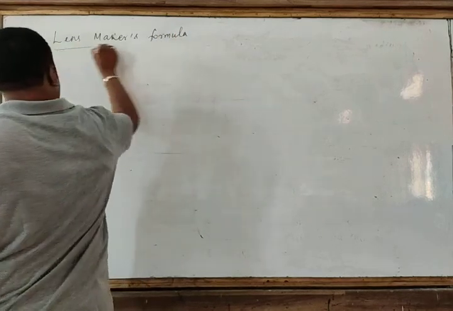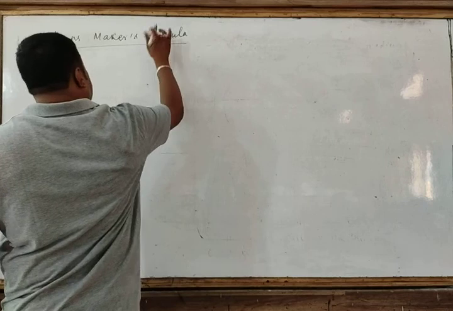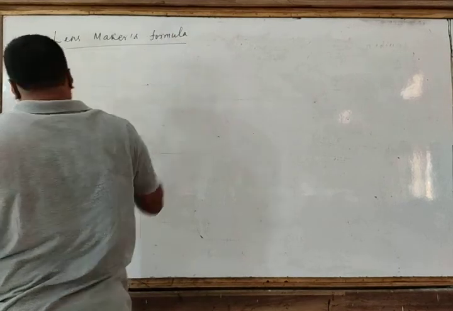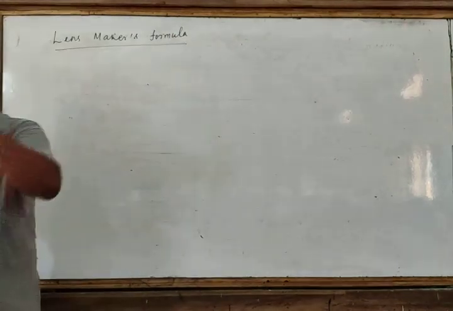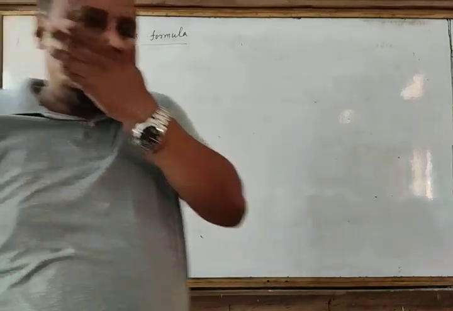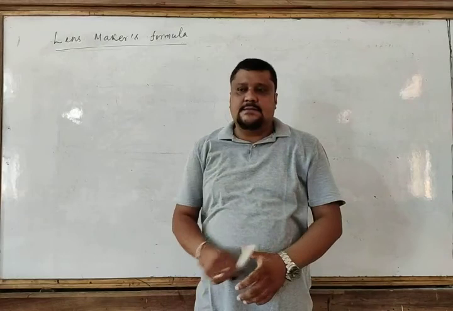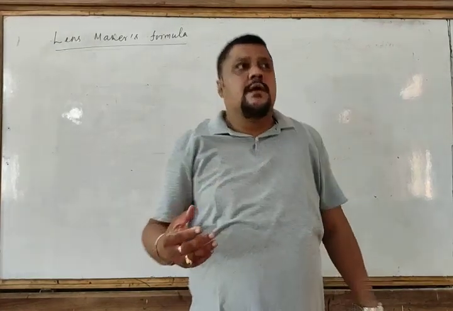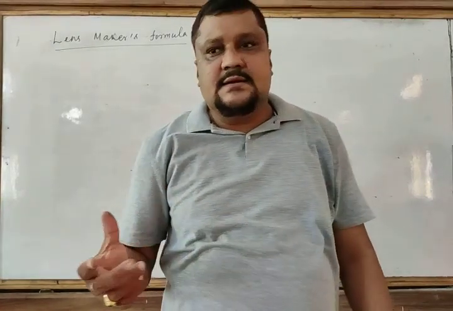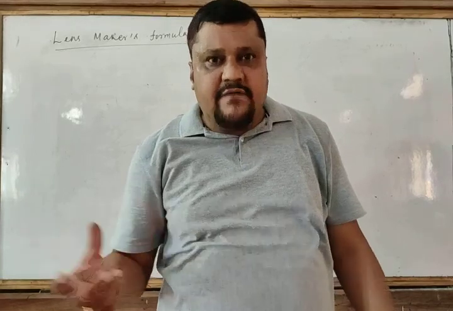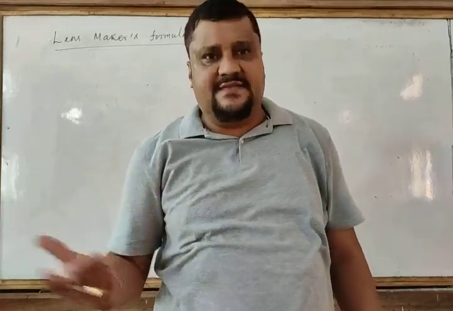What is the Lens-Maker's formula? When we use lenses in our general life, like when we go to an eye specialist and have a problem, he provides us lenses of different focal length.